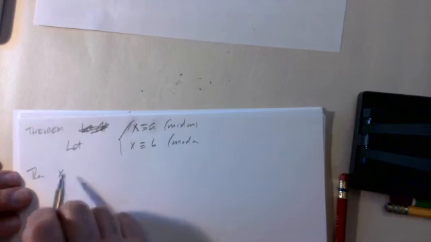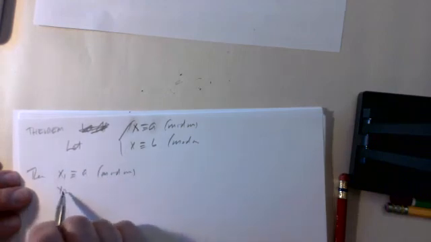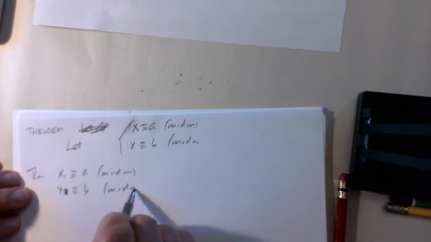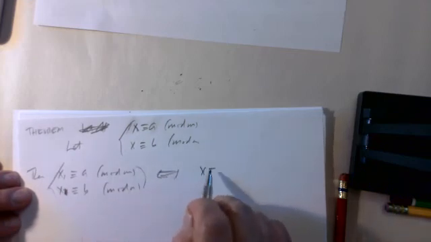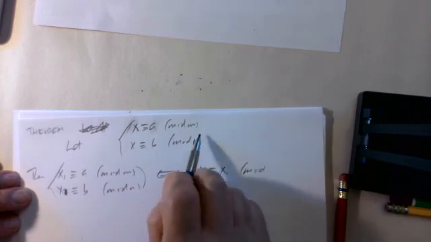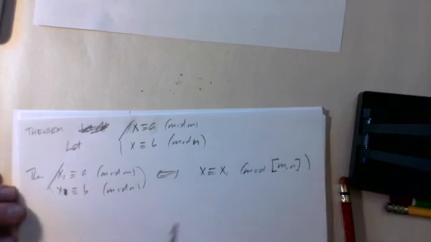Then x1 is another solution, with x1 congruent to a mod m and x1 congruent to b mod n, if and only if x is congruent to x1 modulo the least common multiple of m and n.